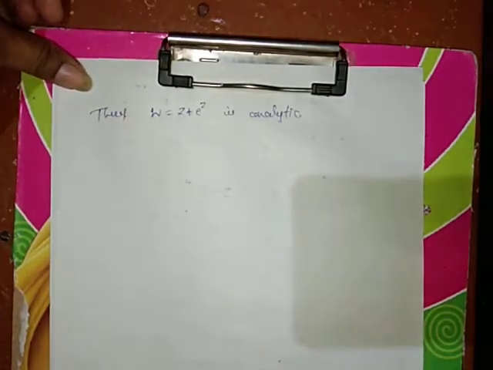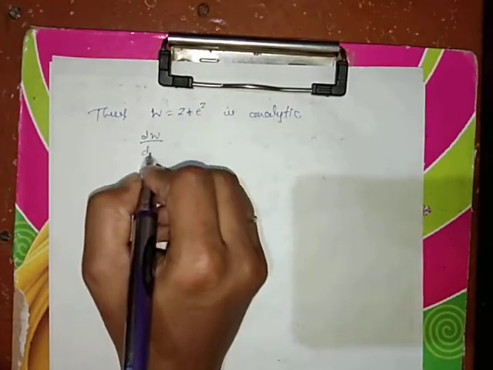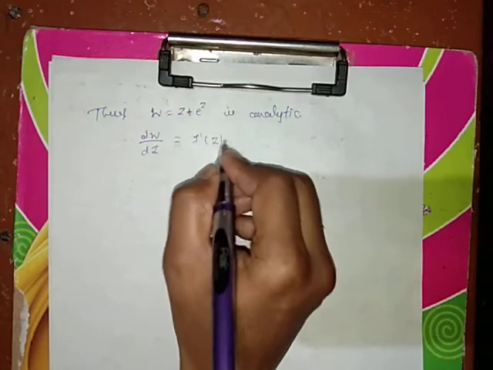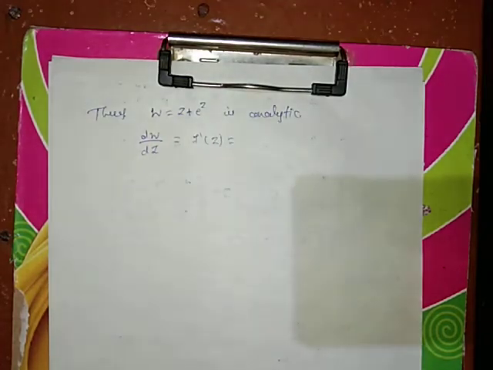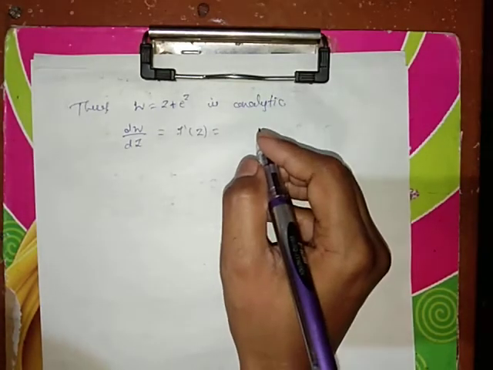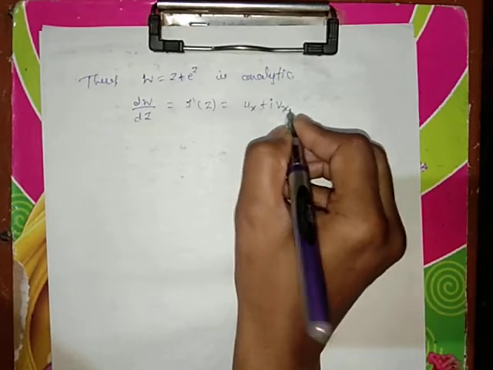So here w is analytic, meaning now we have to find out dw by dz equal to f dash of z. We already know the f dash of z in the Cartesian form because we have used the Cartesian substitutions. So f dash of z equal to ux plus ivx.